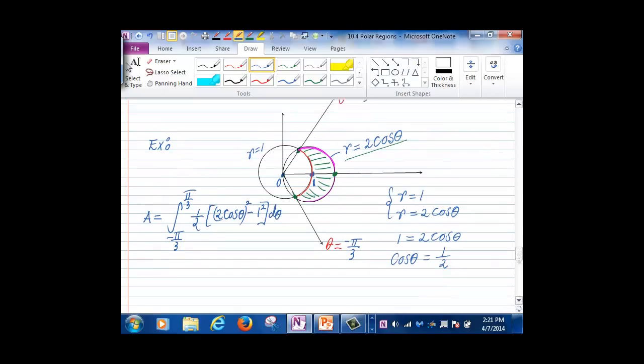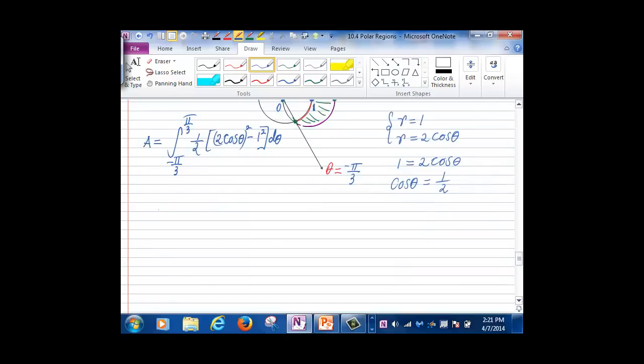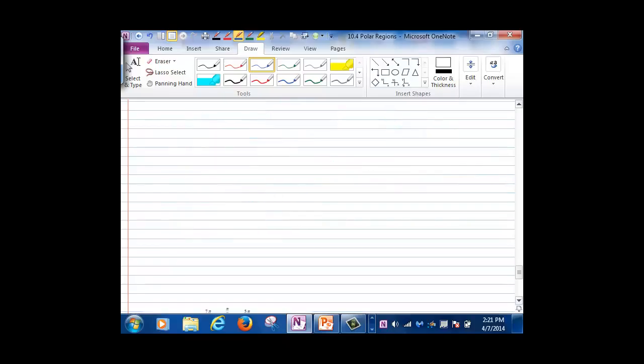So negative pi over 3 to positive pi over 3, half of 4 cosine squared theta minus 1, d theta.